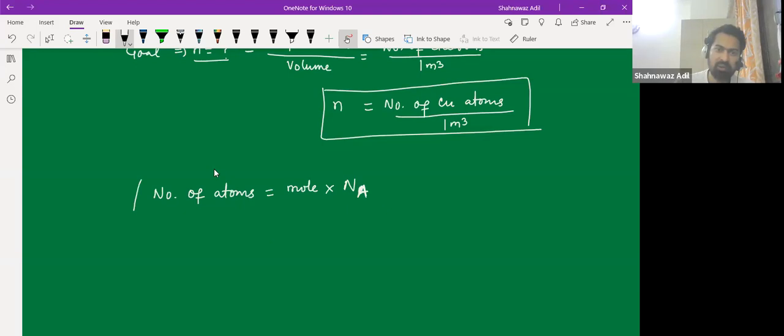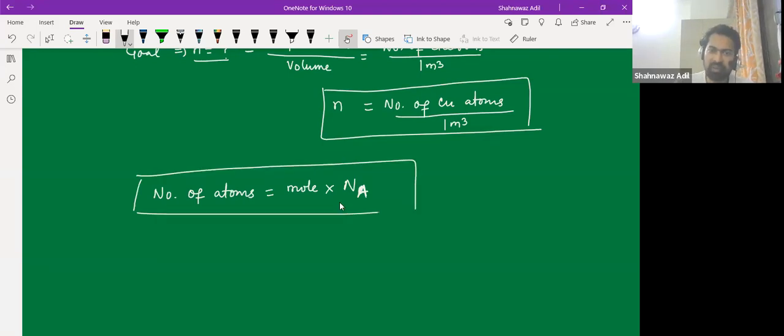So if I want to calculate the number of copper atoms, then I have to calculate the number of moles, right? And Avogadro number I know. So Avogadro number is 6.022 into 10 to the power 23 particles. Right?